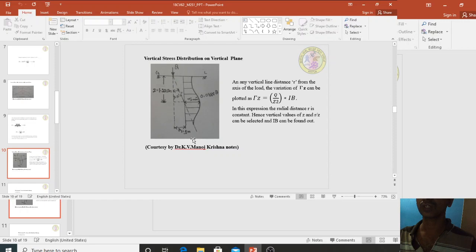Likewise, if you keep on substituting 1, 1.2, 1.4, etc. At a depth of 1.225 meter, your sigma z value will be maximum. Beyond 1.225 meter, sigma z value reduces. So this depth is called the significant depth. So we can say that z equal to 1.225 meter is the significant depth for a point load.